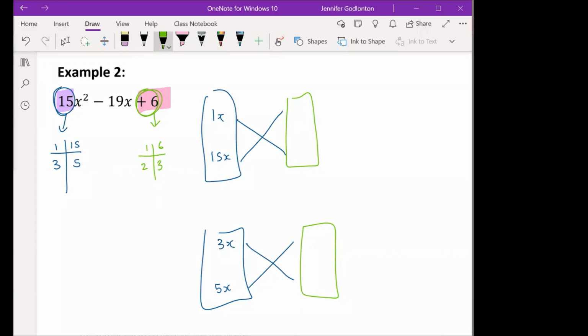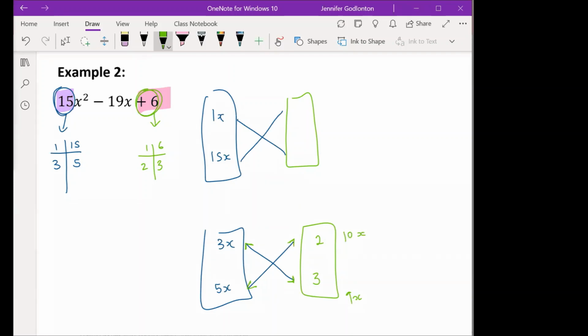Okay, so first of all, which one should I use? Should I use this first crisscross or the second crisscross? You should use the second crisscross. Okay, cool. Tell me what numbers you think should go where. You put 2 at the top and 3 at the bottom. Okay, so I'm going to have a 2 and a 3 here. Now let's multiply. 3x times 3 is going to give me 9x, and 5x times 2 is going to give me 10x.